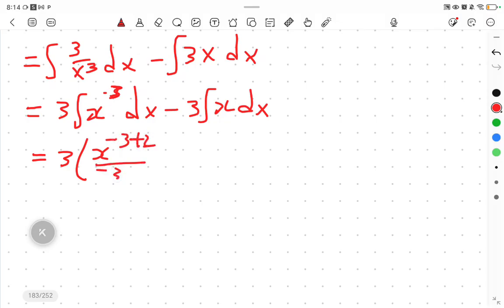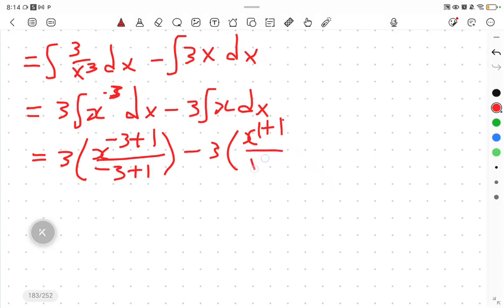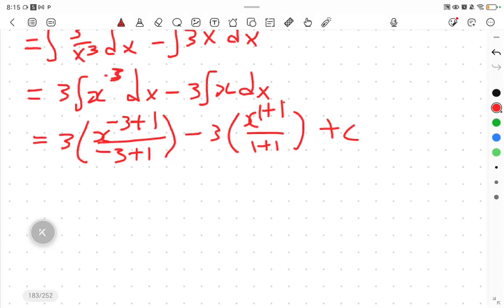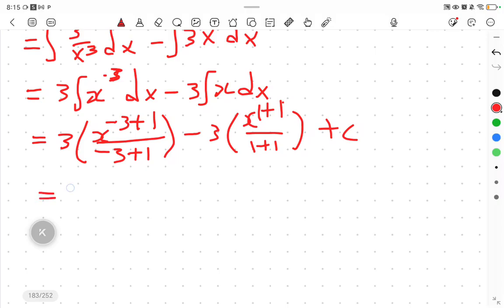Now it's plus 1. I take that whole denominator, divide by it. Add the c. We are not supposed to forget the c.